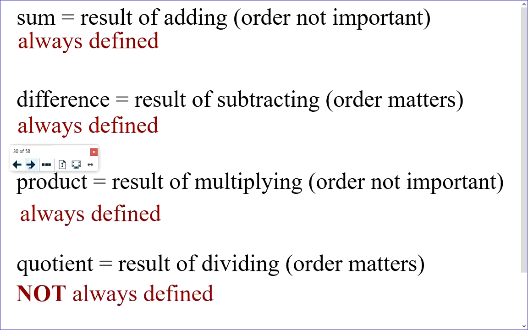But you cannot always divide by things even though they exist. The reason is division by 0 is not defined. So whenever we talk about a quotient, we have to consider the fact that the denominator can never be 0. And this is not a new idea. We've talked about this in Math 20 and in Math 30 earlier this year. Keep that in mind as we move forward.